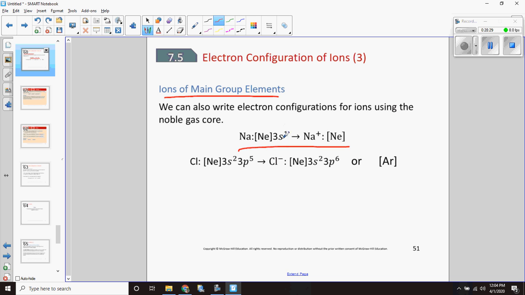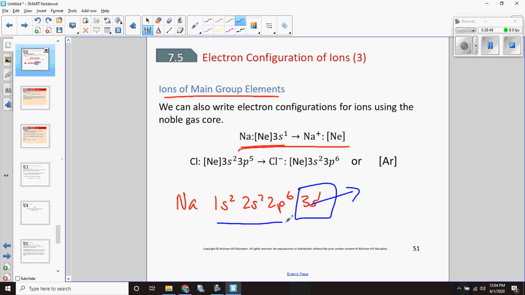If an atom like sodium loses, and by the way, this is the shorthand notation for sodium, the longhand electron configuration for sodium is 1s2, 2s2, 2p6, 3s1. The valence electron for sodium is this electron here on the outside, and if it comes in contact with a nonmetal, this electron's gone. So the electron configuration left over is literally this.